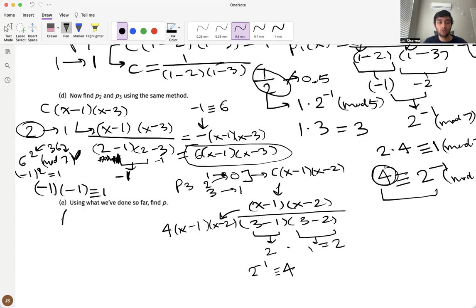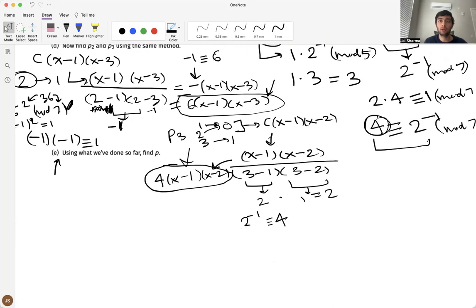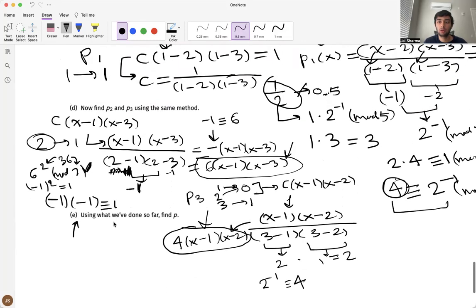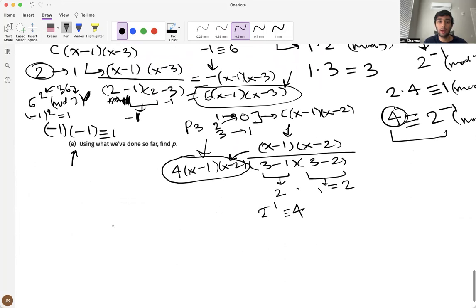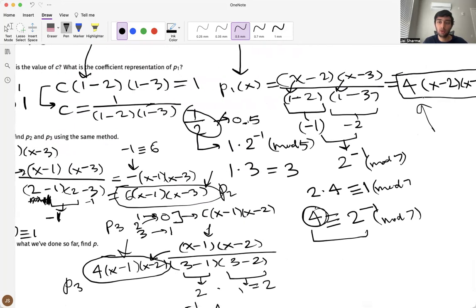And then all you do to find p is, so let me box this up. All you do to find p is you just multiply this out, add it to this, multiply it out, and add it to this and multiply it out. And what you should get, let me just check real quick. Yeah, so by the way, this is P2, this is P3, and this is P1, right?